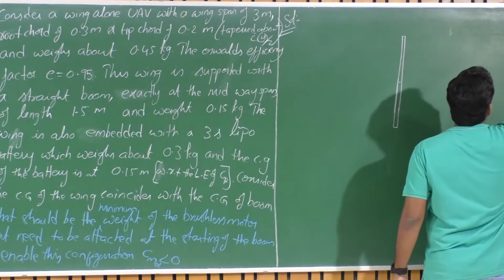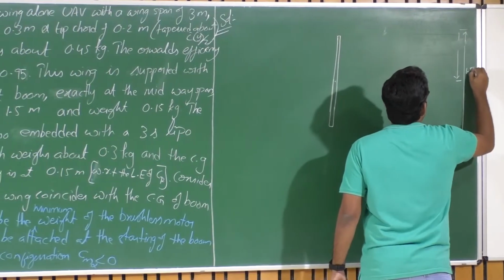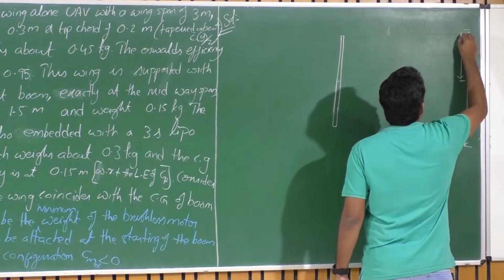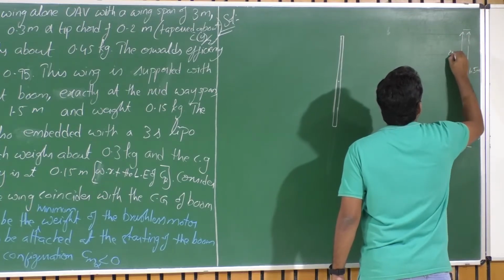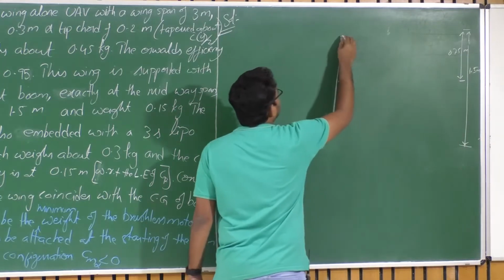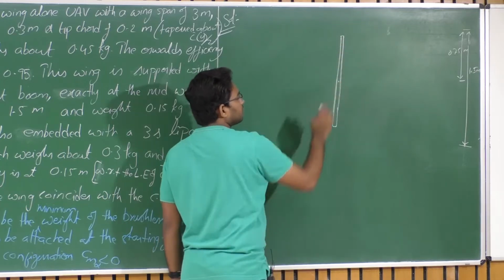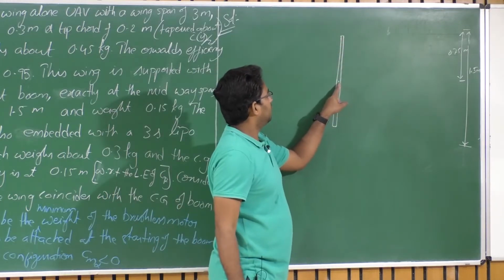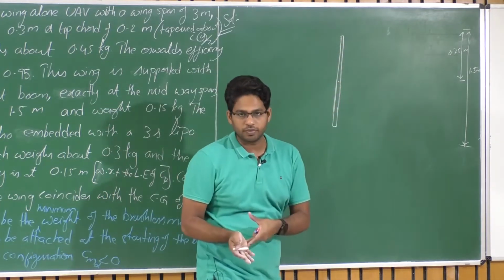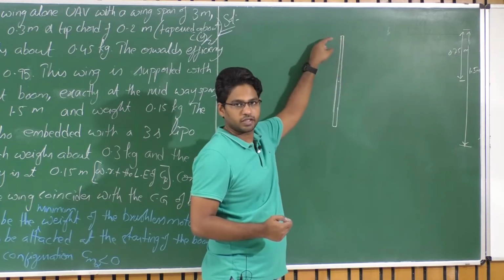So the CG is at 0.75 meters with respect to the starting of the boom, and the taper axis of the wing will also be at 0.75 meters from the start of the boom.